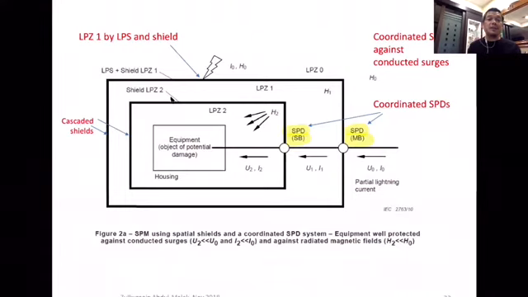Also the shielding, as you can see here, from H0 to H1, by using a shielded wall here. So this is the shielded wall. So this is the first one. So this is the second one. So now they have both conducted as well as radiation shielding. So that's why we have LPZ1 and LPZ2.